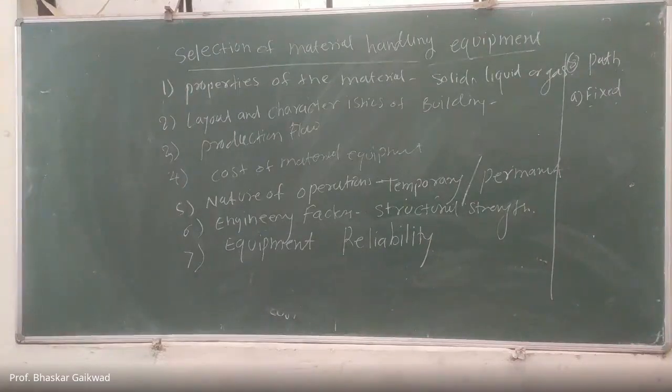In the process layout, according to the process, machining process and forming process, machines are laid down. Means after machining, if you want to go for forming or heat treatment, the layout is arranged like this. But in group technology, we group similar types of machines together: all types of drilling machines in one place, all types of lathe machines in one place, all types of CNC machines in one place, and lathes, shapers and slotting machines in one place.